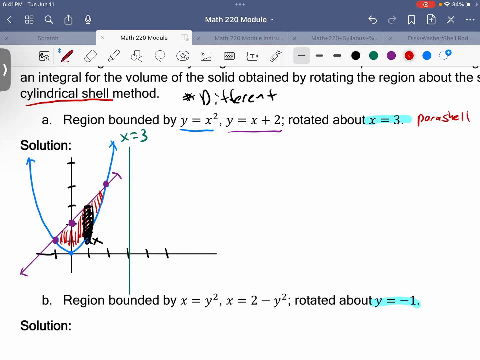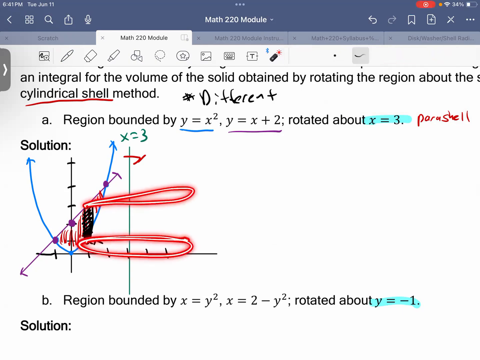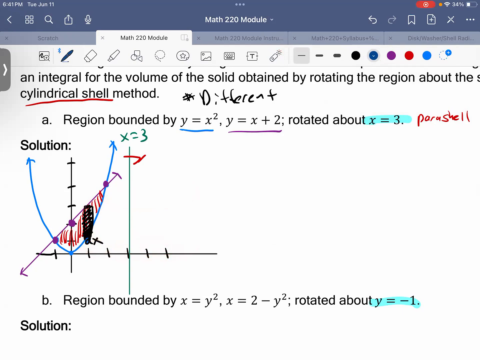Okay, and we want to rotate around the vertical line x equals 3. When we rotate shells, it's a lot easier than washers and discs. We literally just draw them out like that. It has to be equal in length on both sides.